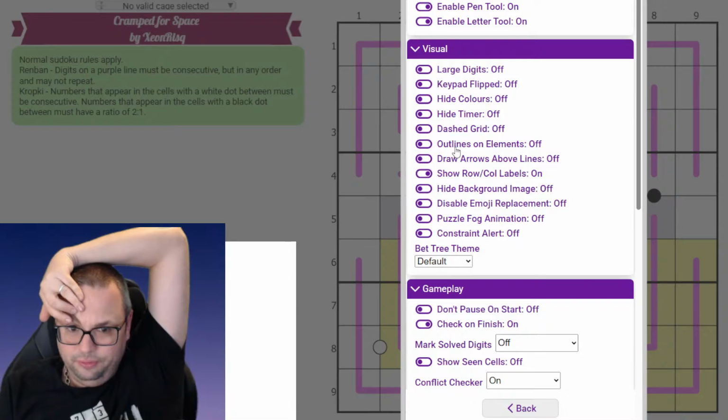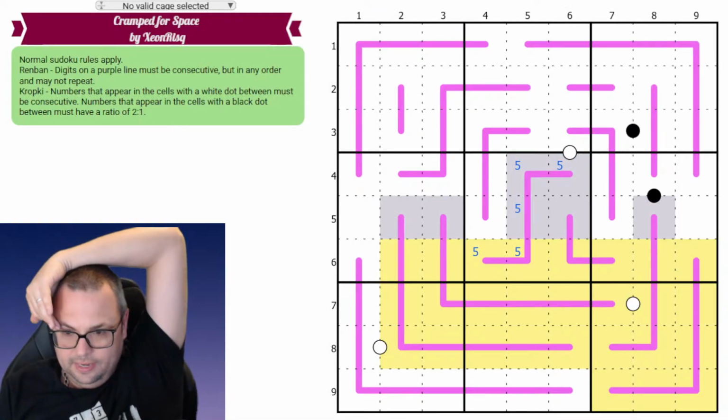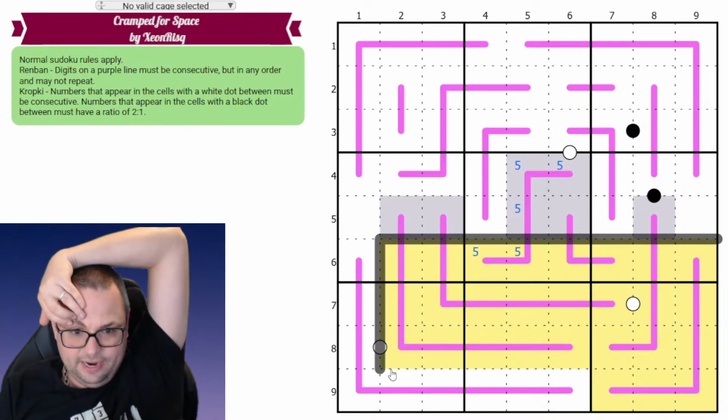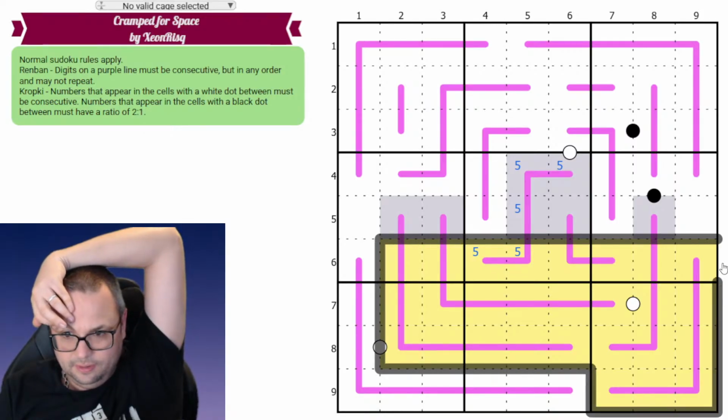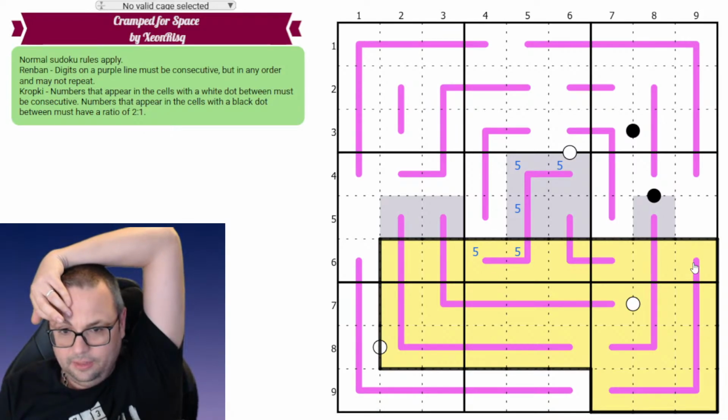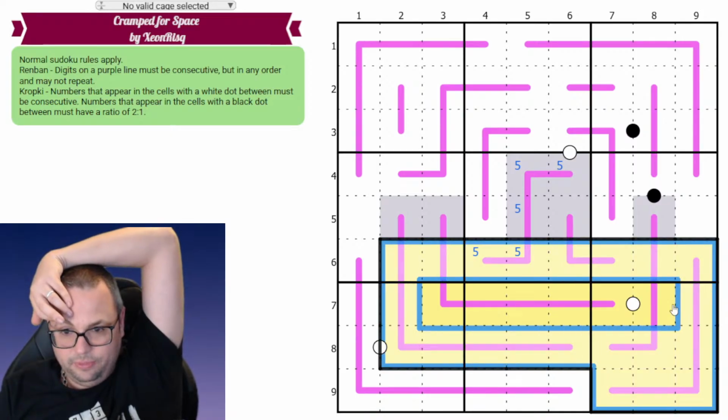I'm going to turn on dashed grid, and I'm going to highlight this area because I think I do want to color high-low. So this is the counted 1 9s, just for my recollection.